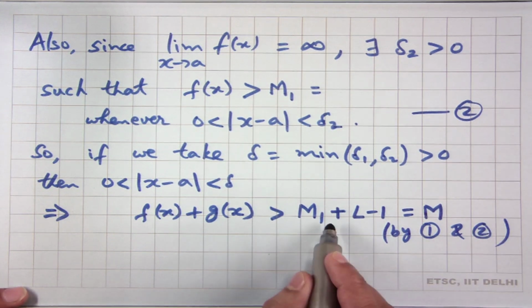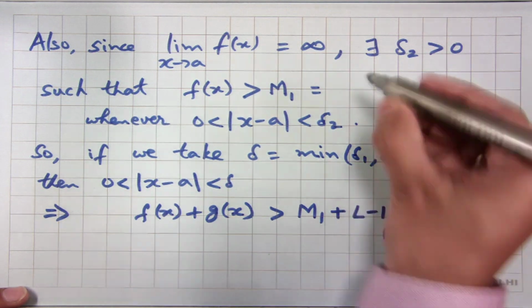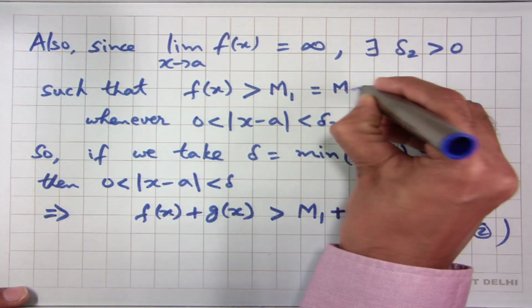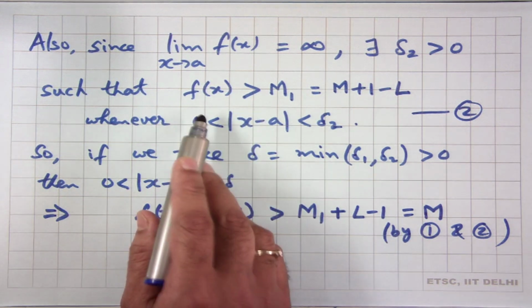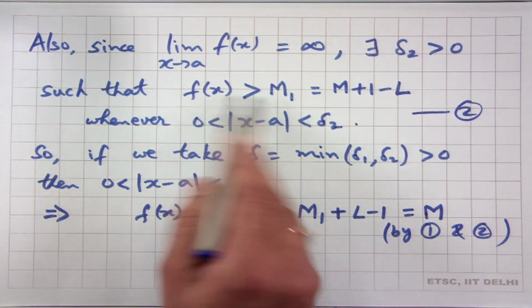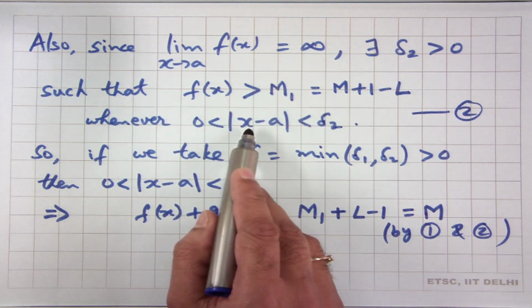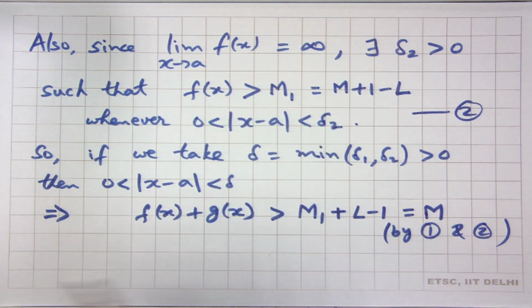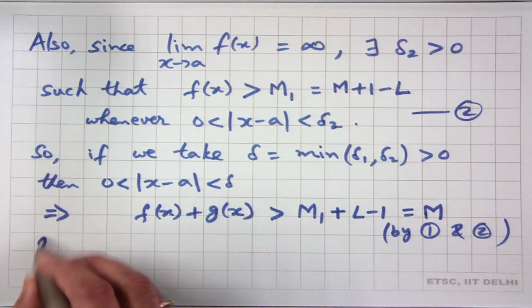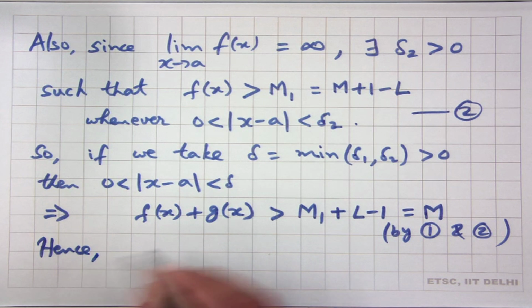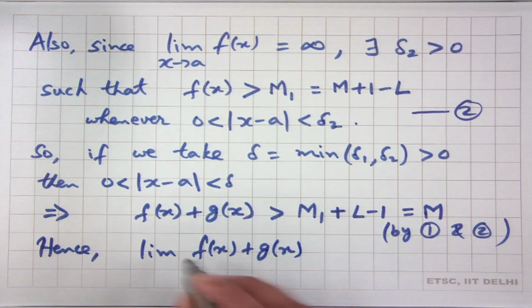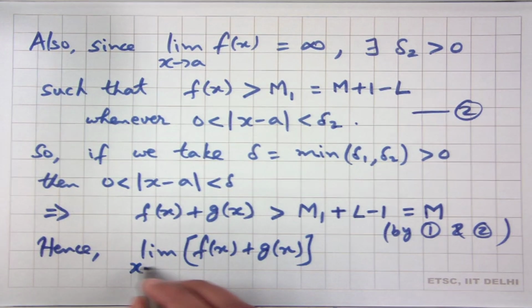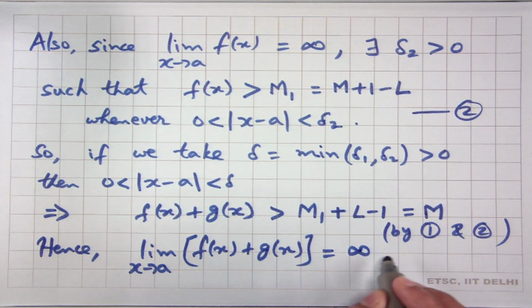So, what should be our m 1? M 1 is equal to m plus 1 minus L. If I choose m 1 to be equal to m plus 1 minus L, then we can make f of x greater than this m 1 whenever mod x minus a is less than delta 2. So, hence the limit of f x plus g x is equal to infinity.